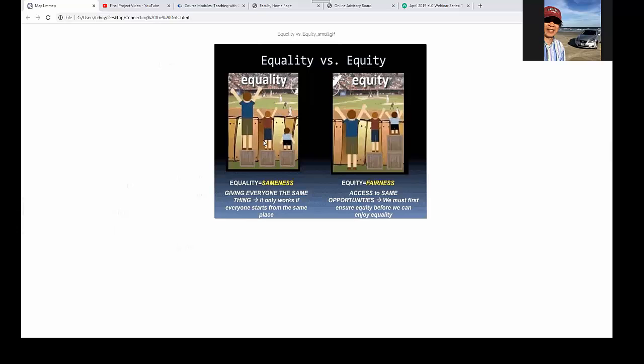The tall one can see everything. This one could barely. The little one cannot see anything, even though they are all given the same kind of help. Look at this one. This is what we are looking for, and this is what we try to do. It has to be fair so that everyone has the opportunity to actually consume your content, all right?